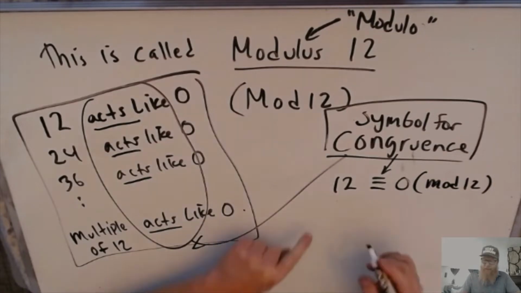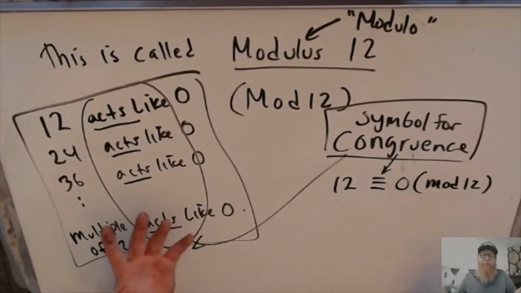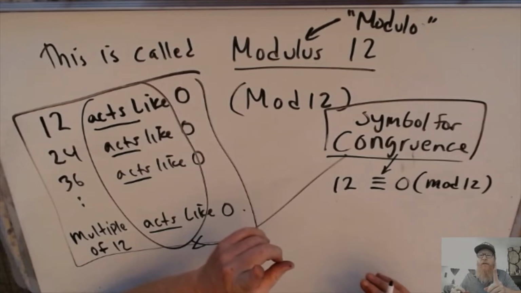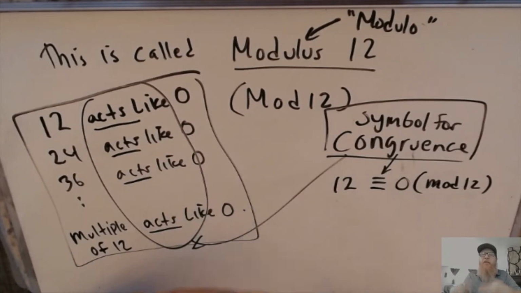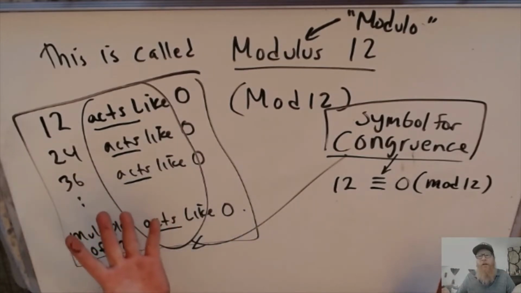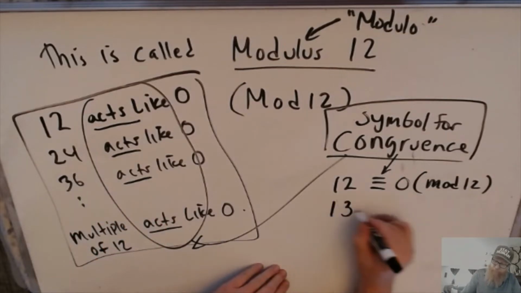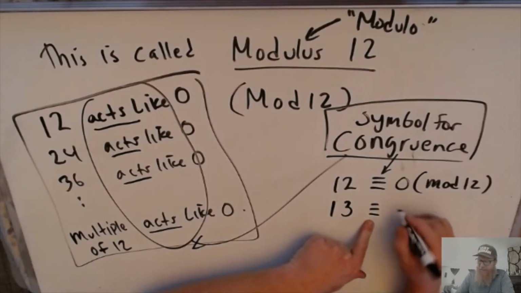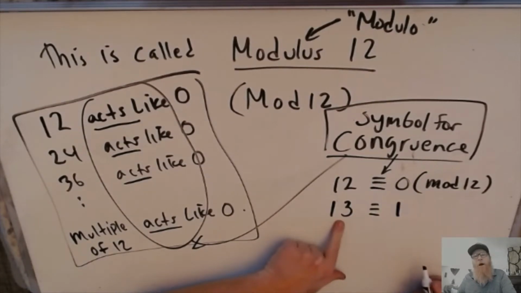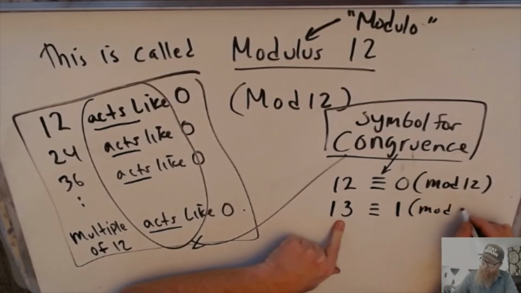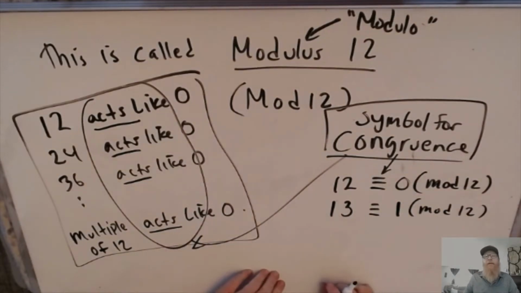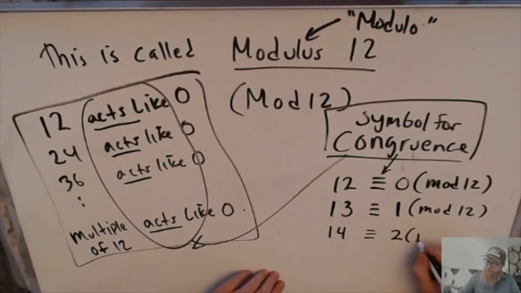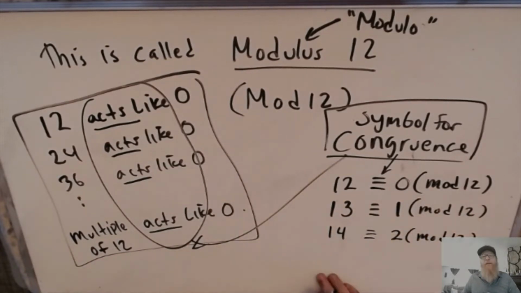Okay. So let's ask a much simpler question. Suppose it's 1 o'clock. What time is it 13 hours later? Well, 13 acts like 1. It's congruent to 1 mod 12. 14 is congruent to 2 mod 12.